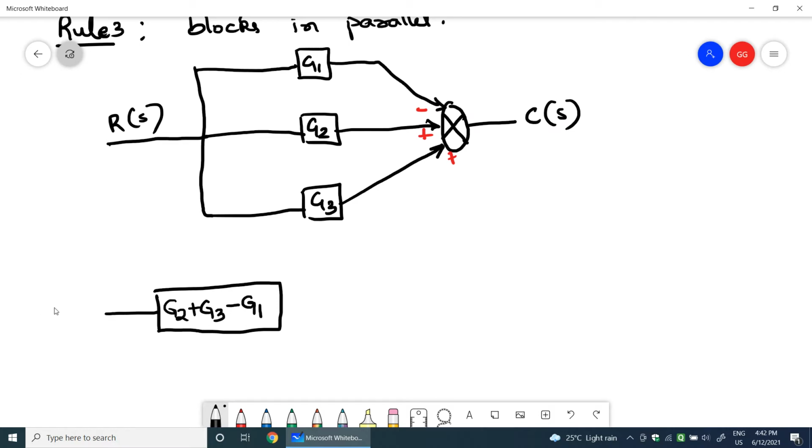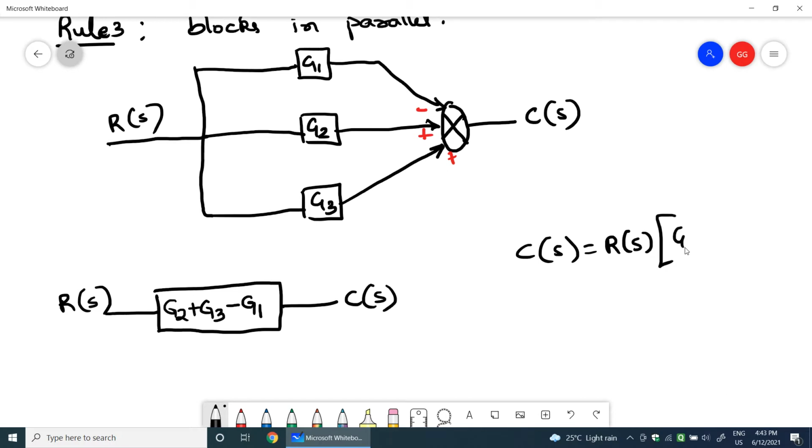So we do summation of the blocks when the blocks are connected in parallel, and we see the sign of that particular summing point. Based on that we take the sign for each block. Okay, so when we have blocks in parallel, we apply this. Now what would be C of S? C of S would be R of S multiplied by G2 plus G3 minus G1.